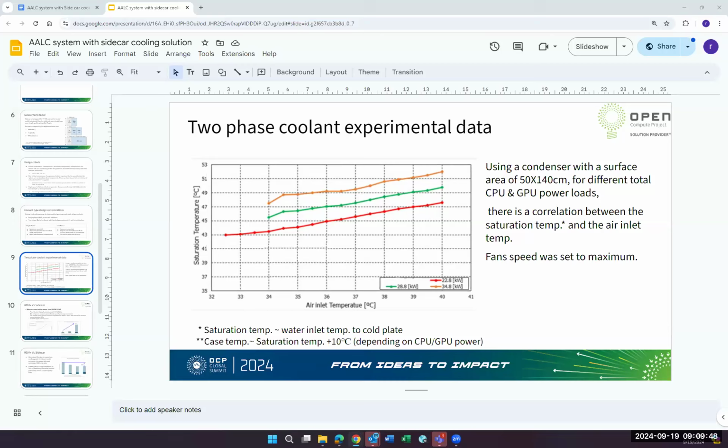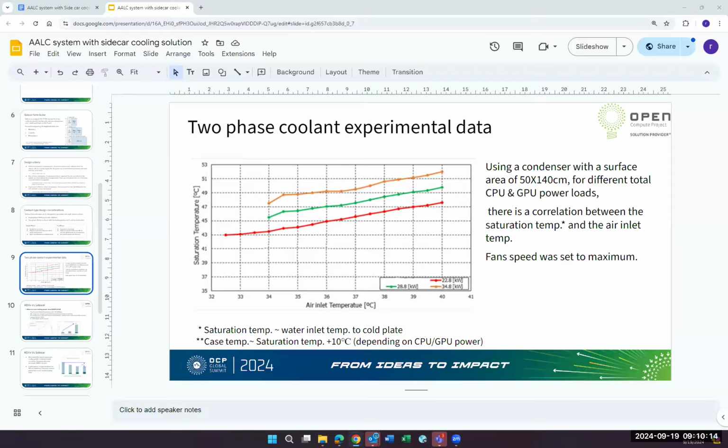And by the way, I did the calculation this week, and the form factor for the single phase and two phase is pretty similar. There's not a big difference. I was expecting a bigger difference, but eventually it's all about the amount of air that you're flowing through the size of a rack.